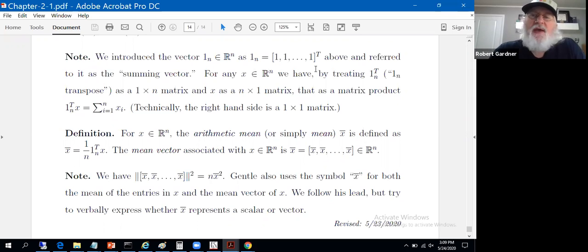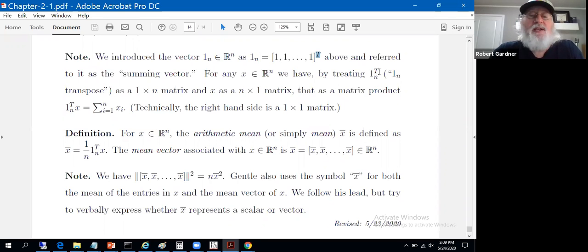But we've introduced this vector of all ones. We called it the summing vector. I think it was earlier in this section. It's a long section. If we take any vector in Rn, if we look at 1 sub n transpose, it would be the row vector 1, 1, 1, 1, 1, a 1 by n vector.